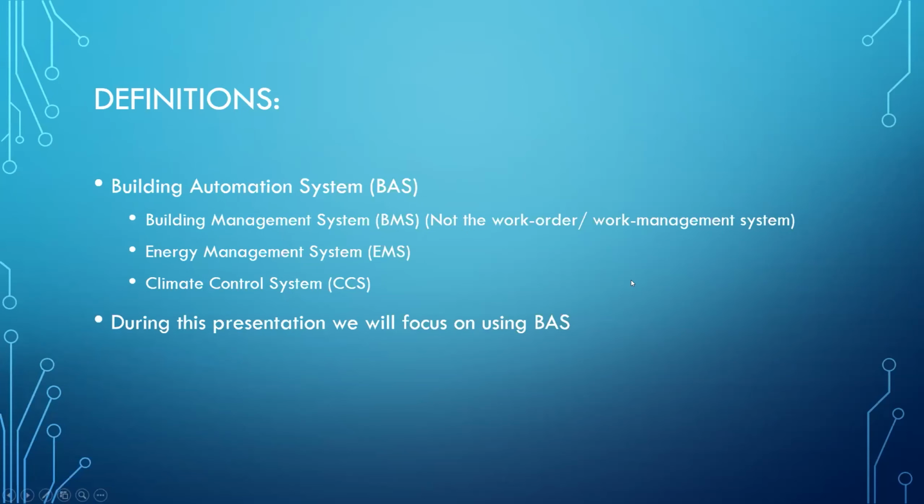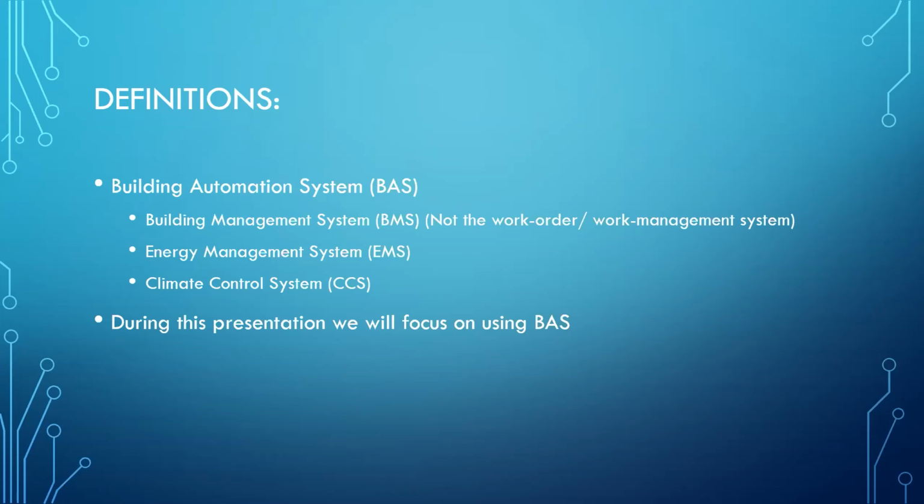So first off, I want to talk just a little bit about some definitions here. Building automation systems is a general term. It can include anything from climate control systems to card access and security systems to lighting control systems and well beyond. And there are a number of different nomenclatures associated with this.